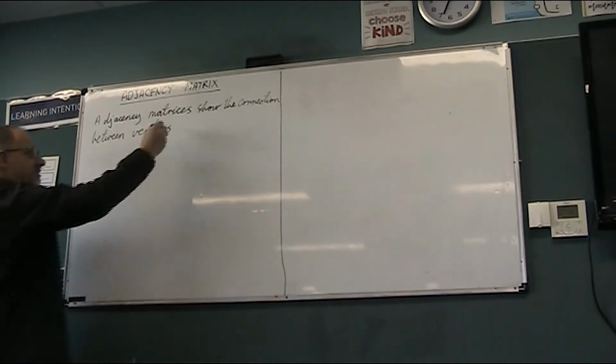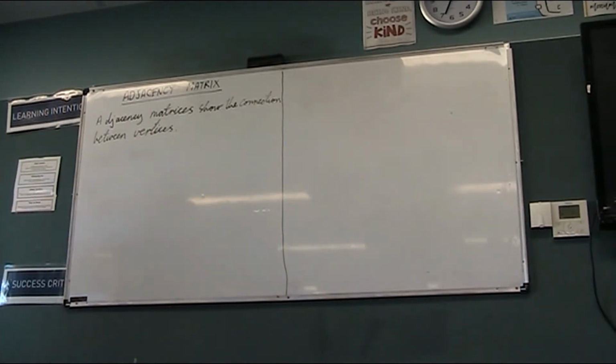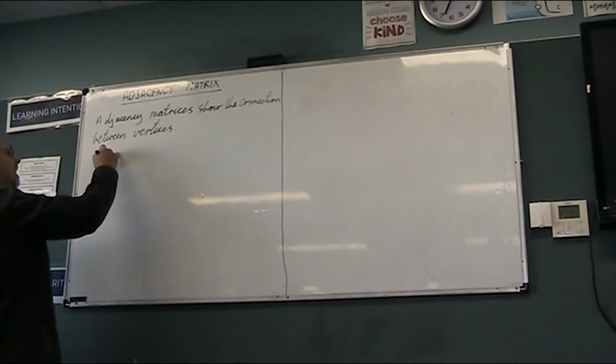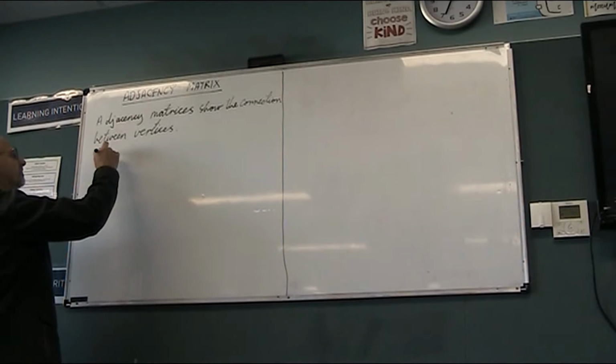Right, so the connection between vertices, so what's adjacent and what's not adjacent to the one. So in your graph one, so in your diagram one.